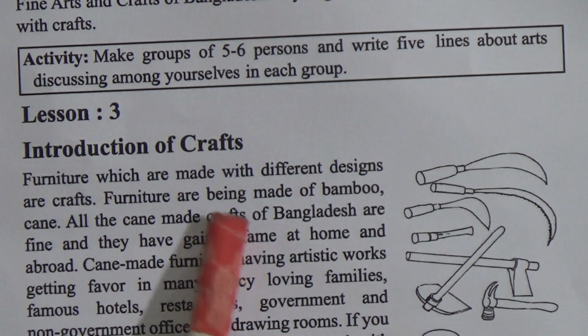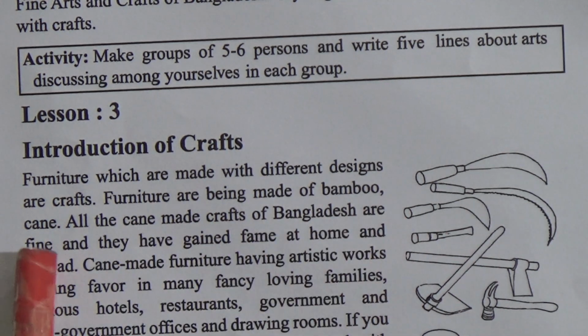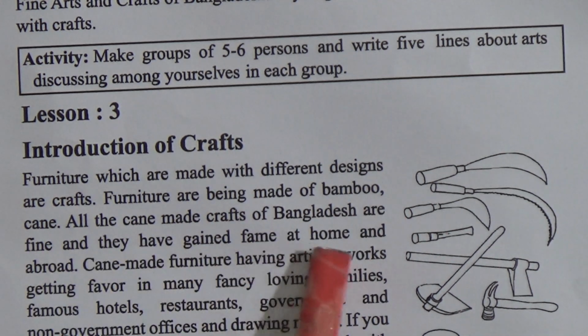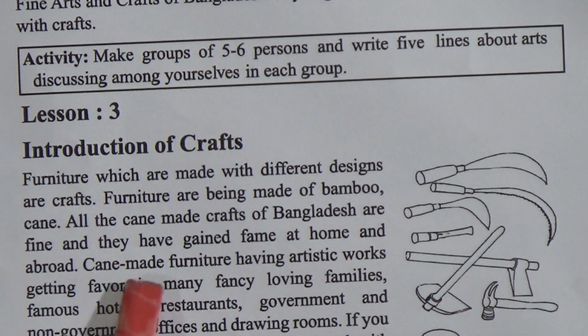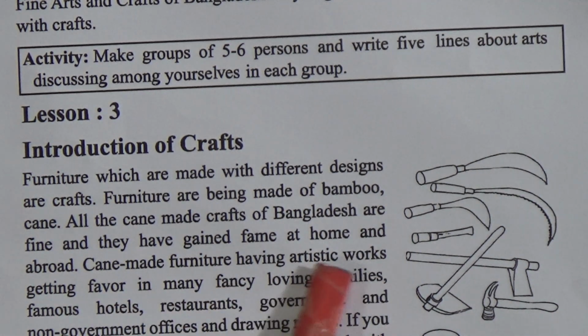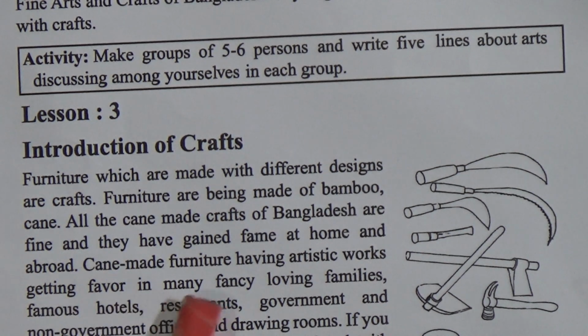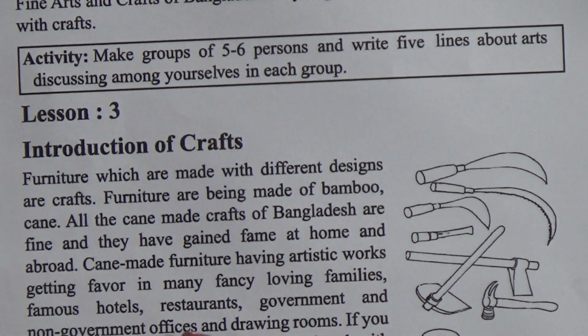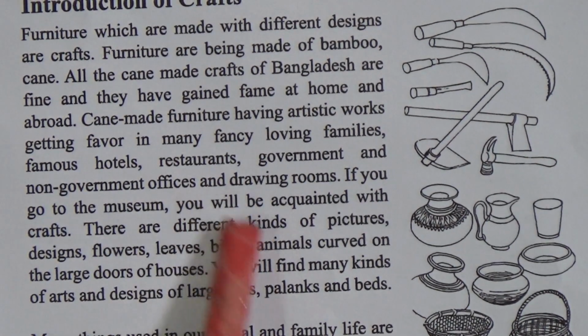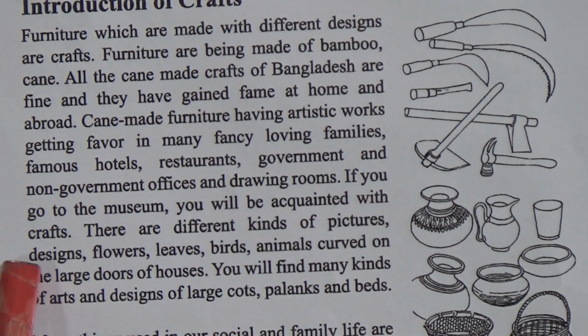All the cane-made crafts of Bangladesh are fine and have gained fame at home and abroad. Cane-made furniture having artistic works is favored in many fancy-loving families, famous hotels, restaurants, government and non-government offices and drawing rooms.